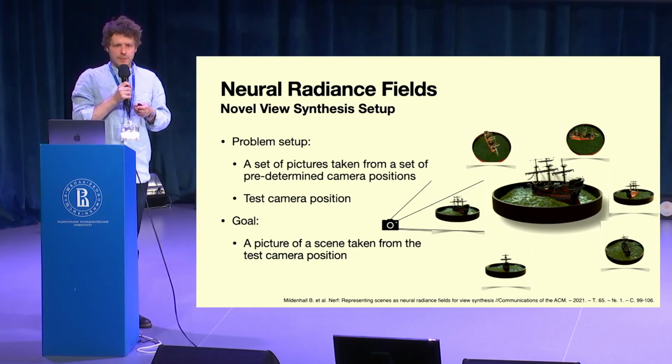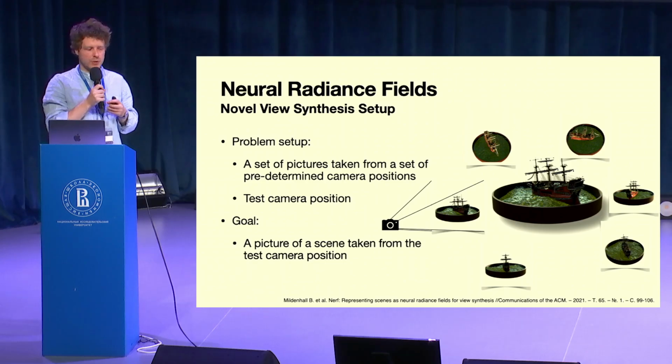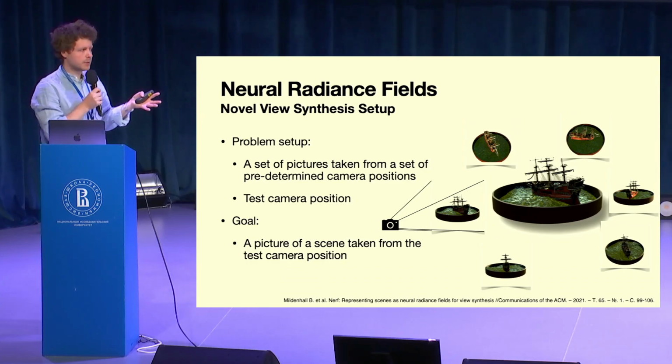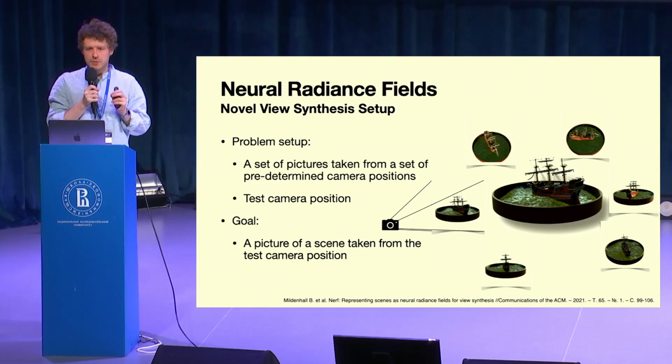So you can think of this task as 3D reconstruction. In order to draw a scene from a new viewpoint, probably you have to know what the scene looks like. But be careful, you're just asking for an image from a novel viewpoint.